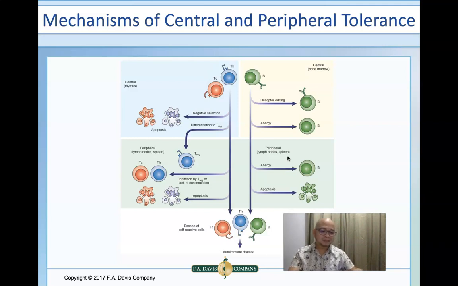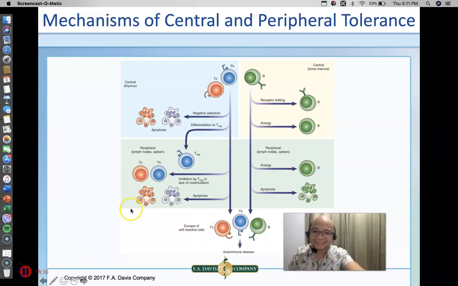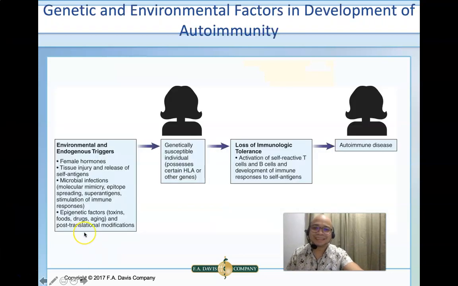Some of these factors are believed to contribute to the presence of autoimmune diseases. Again, these are the environmental and endogenous factors that may trigger it.